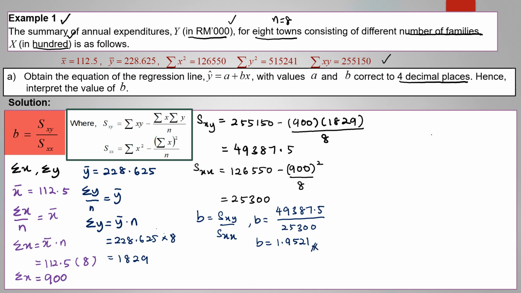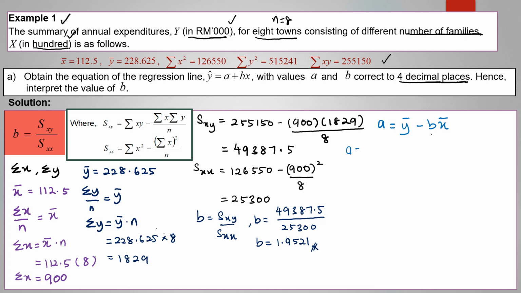Since we have the value of b, next we need to find the value of a. The formula for a is equal to y bar minus b times x bar.